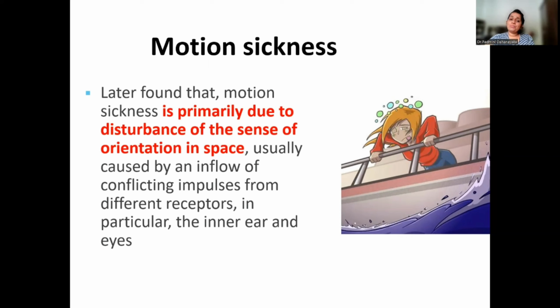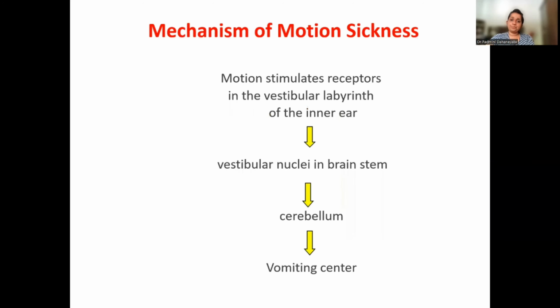Because of an inflow of conflicting impulses from different receptors, in particular the inner ear and the eye. Your eyes are sending signals and your ears are also sending signals, so there are conflicting impulses while you are traveling. Those disturbances will ultimately lead to motion sickness.